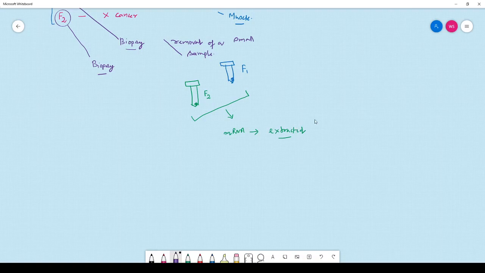We won't go into the experimental protocol, but there is a method by which we can extract messenger RNA from tissue samples. And this extracted messenger RNA is subjected to an enzyme called reverse transcriptase. Reverse transcriptase converts messenger RNA into complementary DNA.